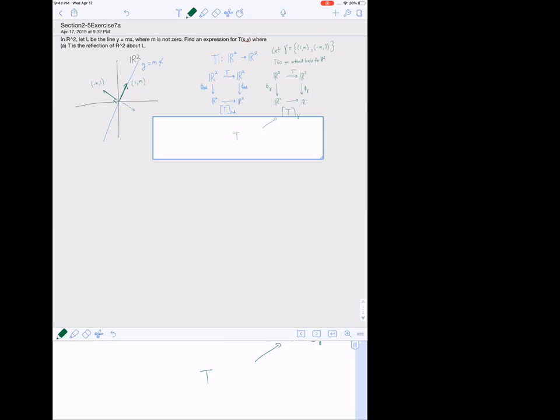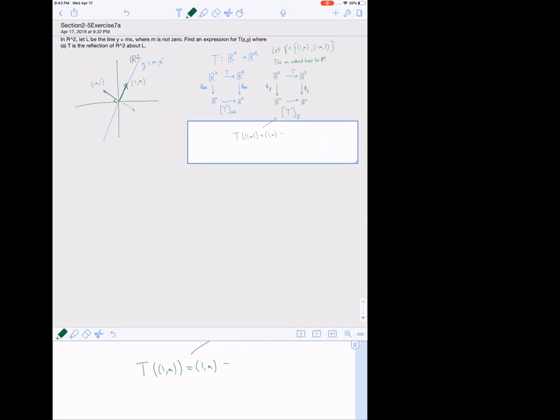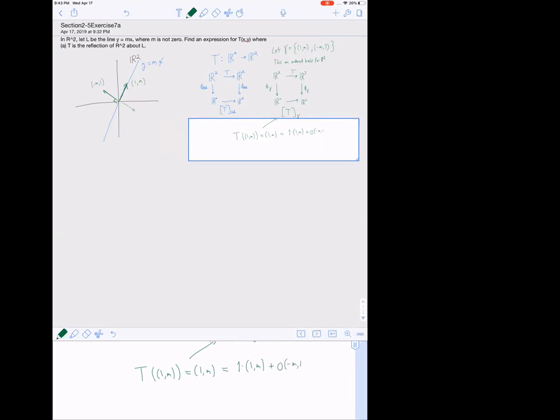T applied to (1, m) is going to be (1, m), which as a linear combination of the vectors in gamma is just 1 times the first one plus 0 times the second one.